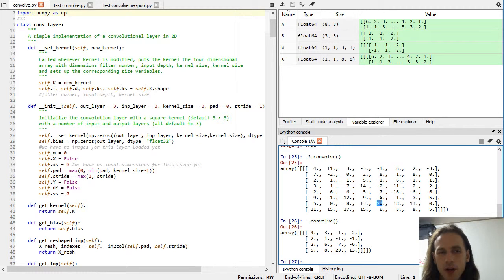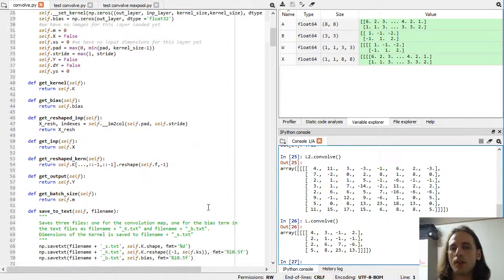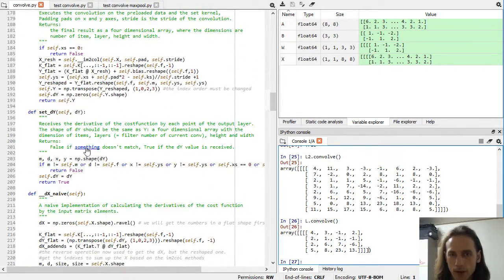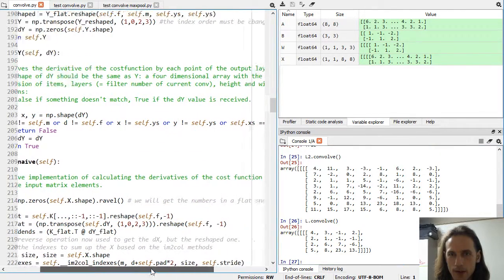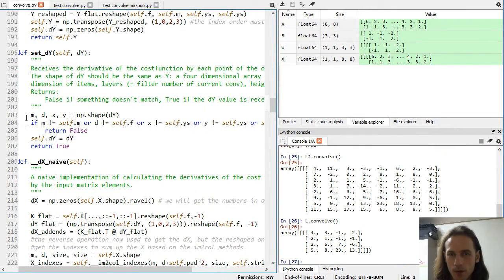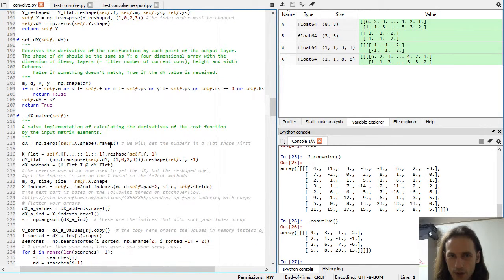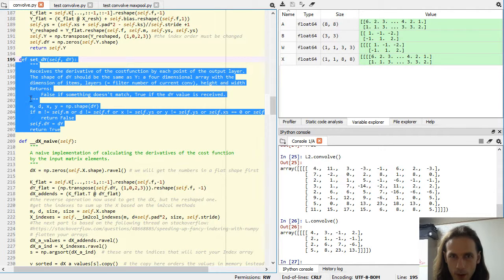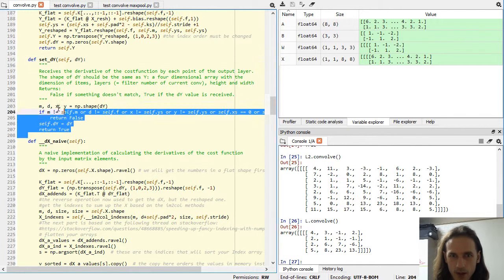So basically what we get when we are doing the strided convolution is we are leaving out parts of the final Y matrix we are producing. When we receive the dy, the derivative of the cost function by the output of this layer, which is the next layer's input, we will have to be cautious about that.